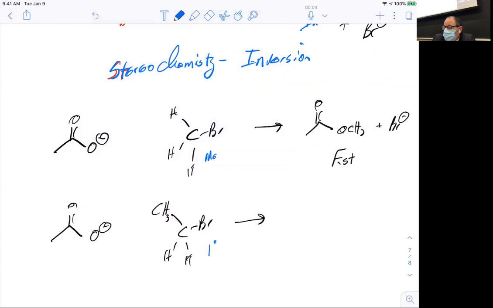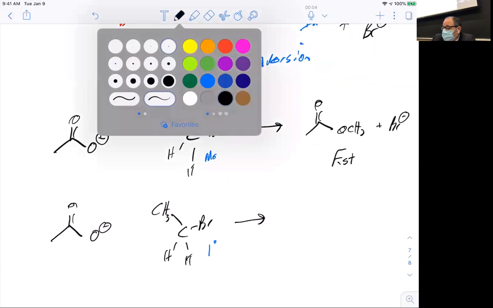So we're looking at the carbon of the substrate.